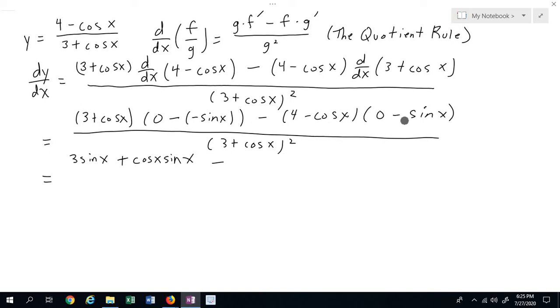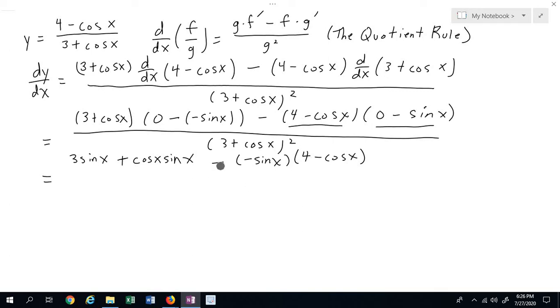Now I'm going to rearrange this. The order in which you multiply doesn't matter, so I can rearrange the order in which I multiply these two. I'm going to put the minus sine of x in front, and put this one in back. 2 times 3 is the same as 3 times 2, so the order in which you multiply two numbers doesn't matter.